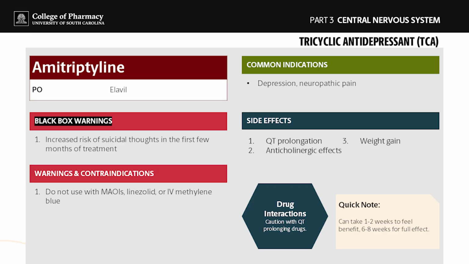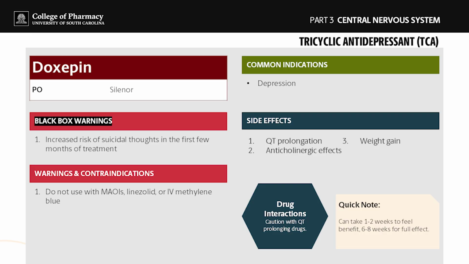So important, important, important. Another TCA is doxepin. The brand name is Silenor. It's indicated for depression. Side effects are the same as the other TCA, the Elavil or amitriptyline we talked about last: QT prolongation, anticholinergic effects, and weight gain. Also, 2 weeks to make a difference in the effect, and interaction with QT prolonging drugs.